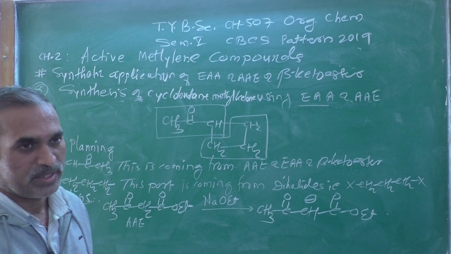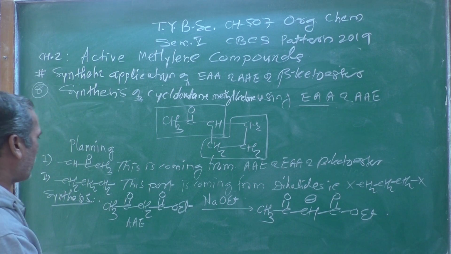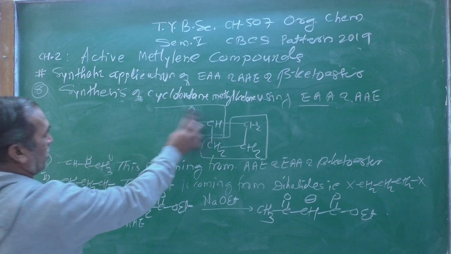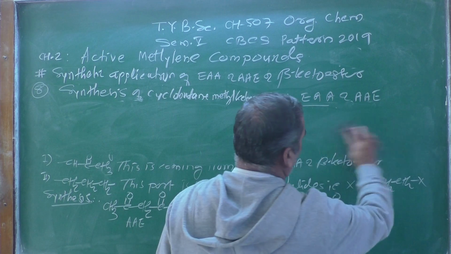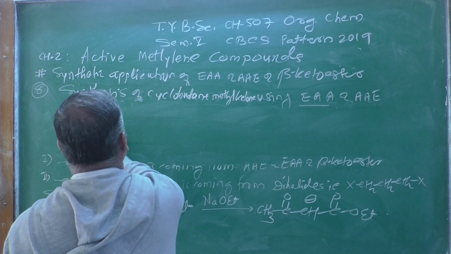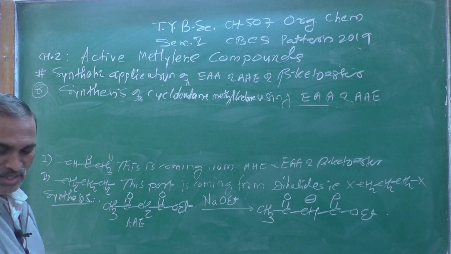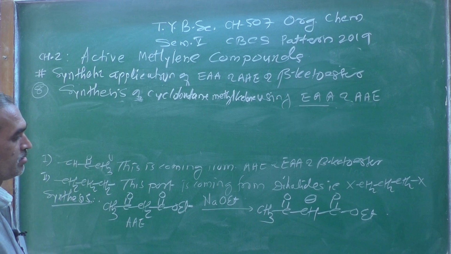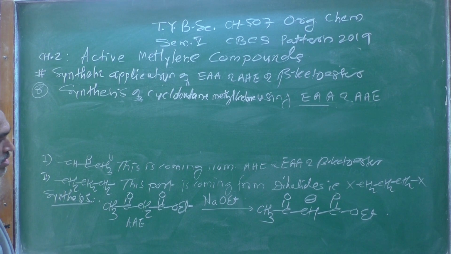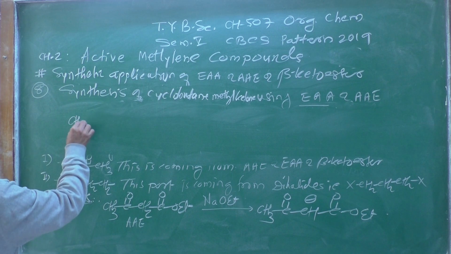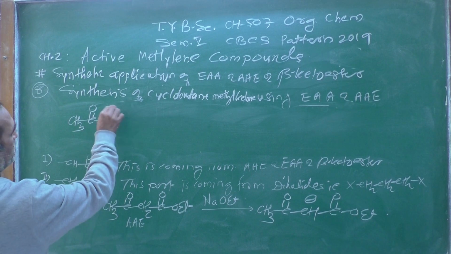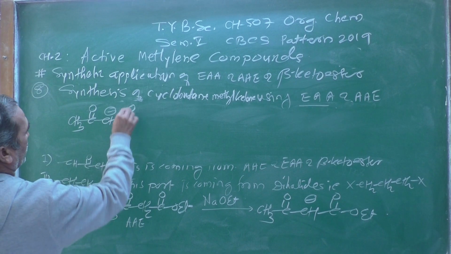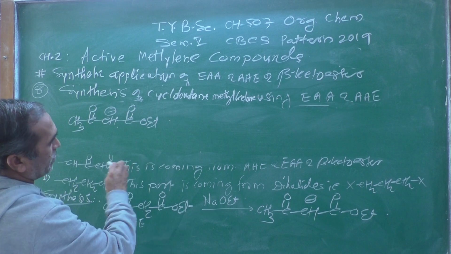An organic species which carries a negative charge is generally termed a carbanion, and that carbanion is well stabilized in this case due to the resonance effect or mesomeric effect.